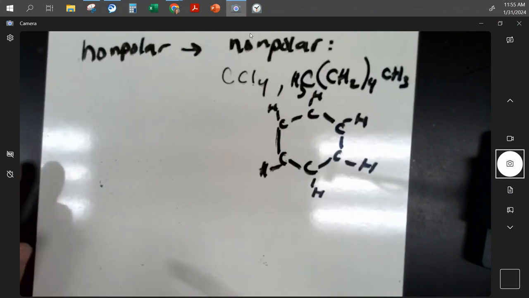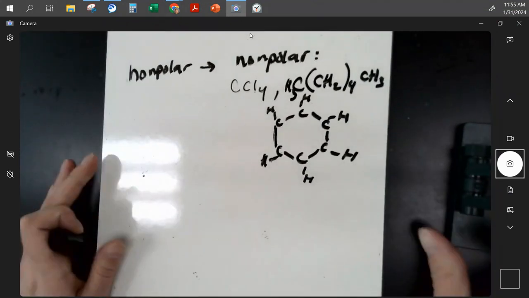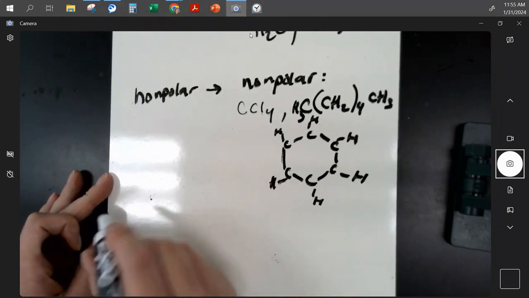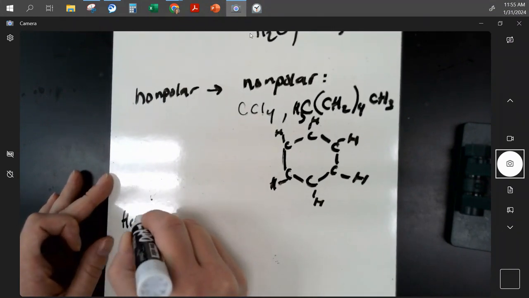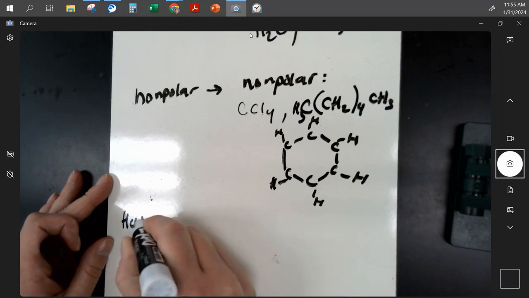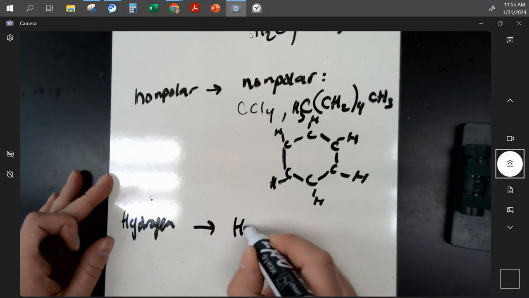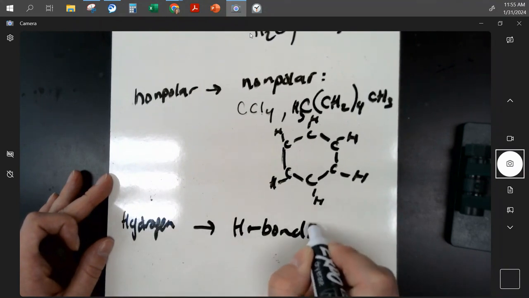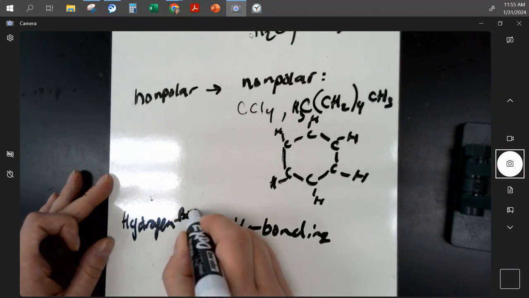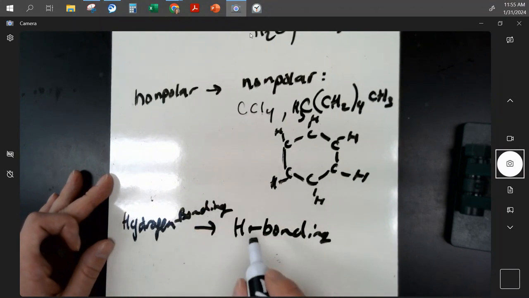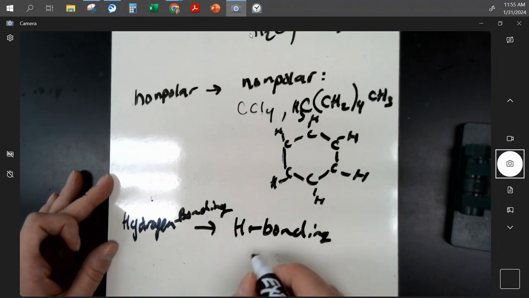Okay. The other one that I also watch out for is if my molecule has hydrogen bonding. Then I'm going to look for hydrogen bonding. Hydroxide does have hydrogen bonding, because that's how hydroxide works. Yes, OH group, hydroxide group.